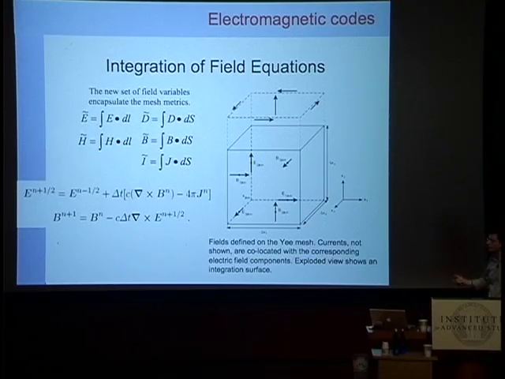And the same is true for going the other way, evolving the electric field. So the change in the electric field is equal to the circulation of the magnetic field, and that's why the magnetic fields are decentered with respect to the electric fields.